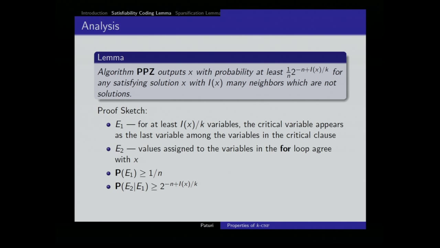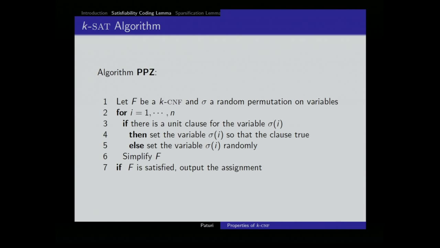Sorry, okay. The algorithm works the following way. We take a random permutation of the variable names, a random permutation of the variables. And we look at the next variable in that order. If there is a unit clause for that variable, we set the variable according to the unit clause. That's the only way to keep satisfying that clause, so you set that variable to make it true.